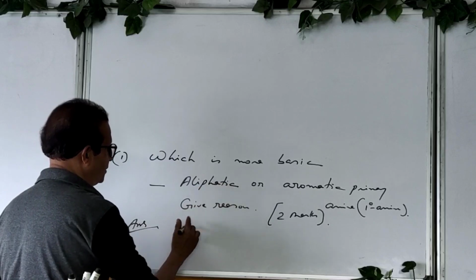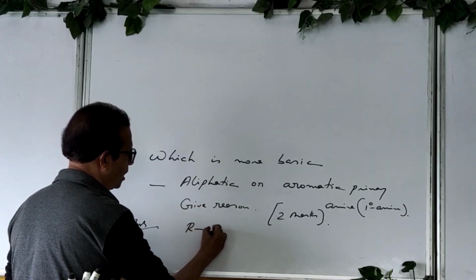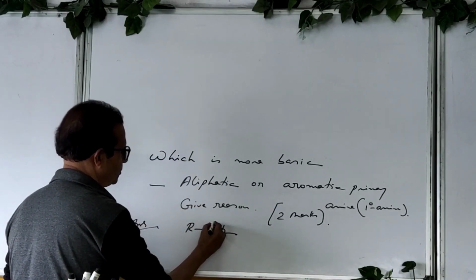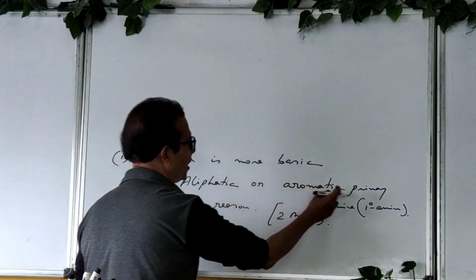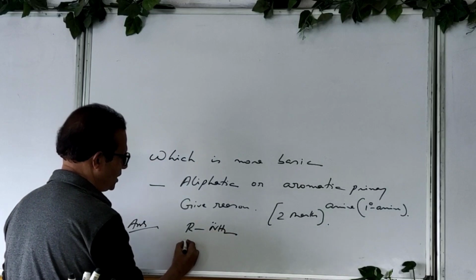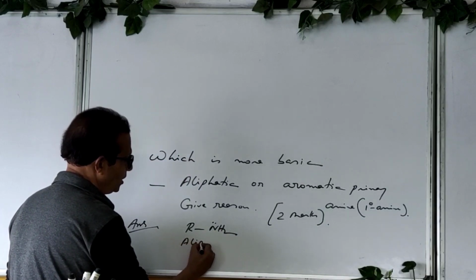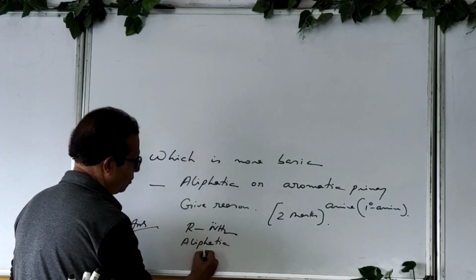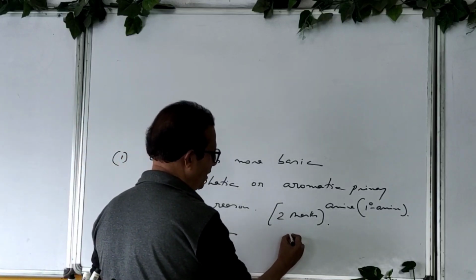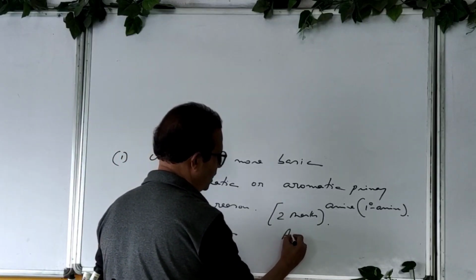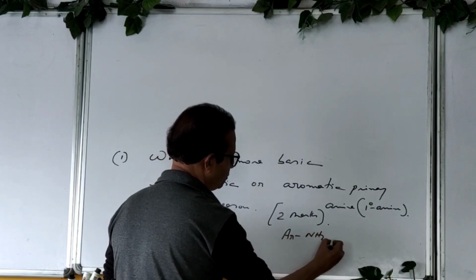Aliphatic amines are denoted by R NH2. Mainly it is an aliphatic or aromatic primary amine, NH2. This is an aliphatic 1 degree amine. This is aromatic. You can write Ar NH2, aryl.